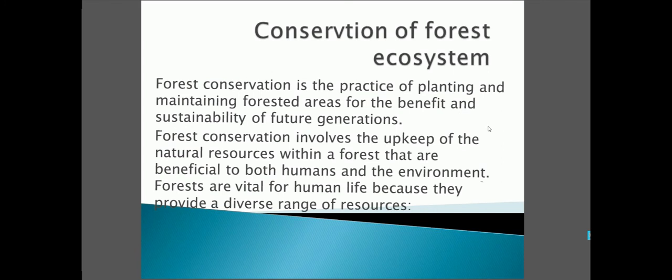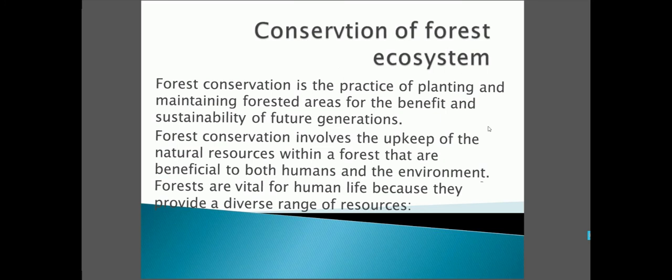I am discussing conservation of the forest ecosystem, how you can conserve it, and why it is important. Forest ecosystem conservation is a practice, a planning of plantation and maintaining the forest area for the benefit of future generations. How is it possible?